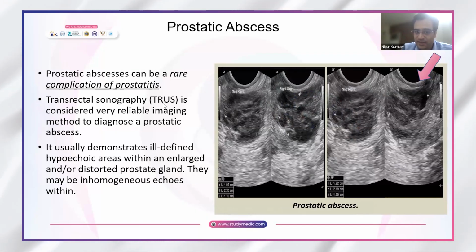Transrectal ultrasound is a reliable imaging method to diagnose it. It usually demonstrates ill-defined hypoechoic areas with an enlarged or distorted prostatic gland. There can be inhomogeneous echoes within, and there will be no internal vascularity in a prostatic abscess. You can see the hypoechoic area with no internal vascularity.